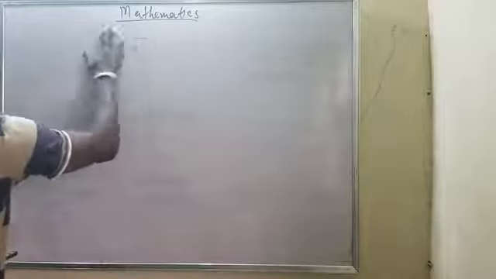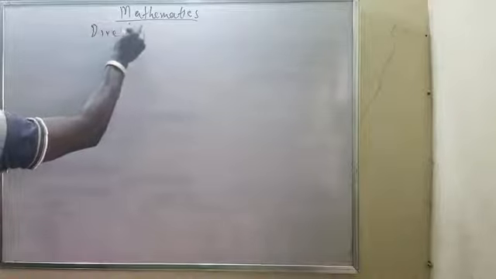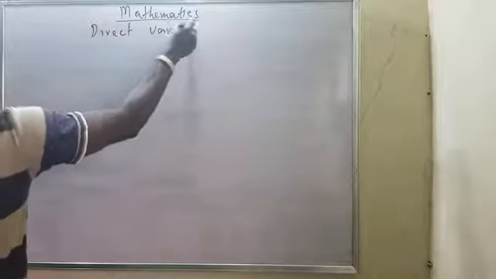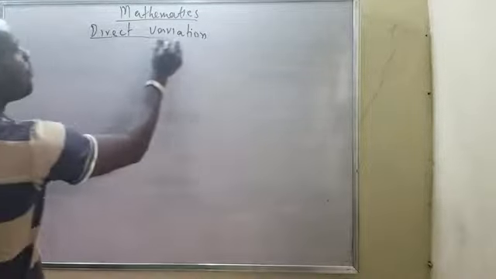Direct variation. Now, when we talk about direct variation, I've explained before that variation is all about the relationship between two or more variables.